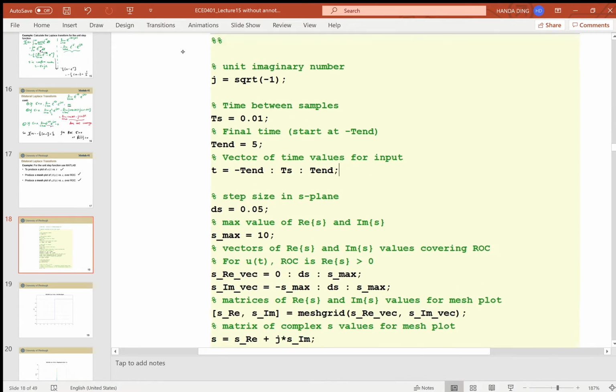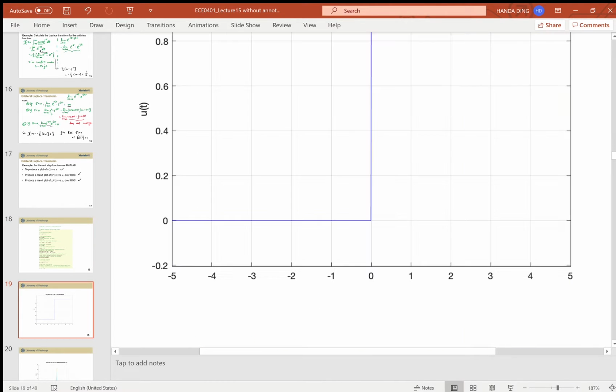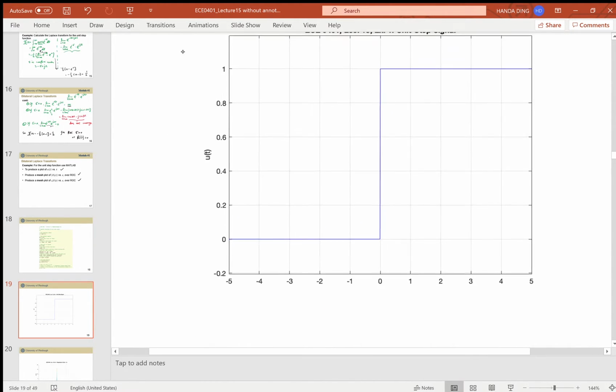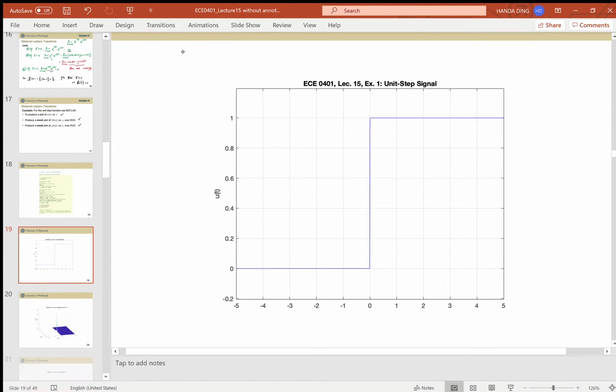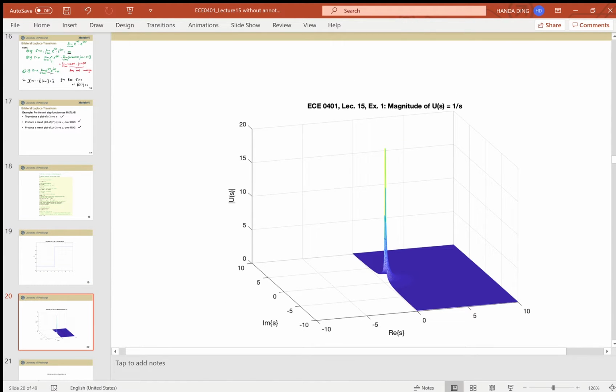All right, so that is your v(t) in the time domain, it's a step function. The next one will be the magnitude after your Laplace transform. So you can see here that the Laplace transform for the unit step is just 1 over s.